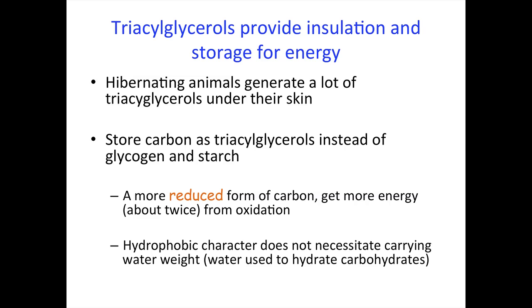In other words, there's a lot of oxygen. But when you look at a fatty acid, with the exception of that carboxyl end, the rest of the fatty acid is just made up of carbons and hydrogens. So it means that a fatty acid is more reduced than, let's say, a carbohydrate.